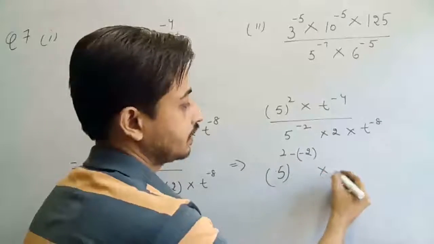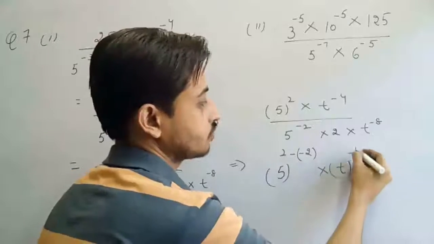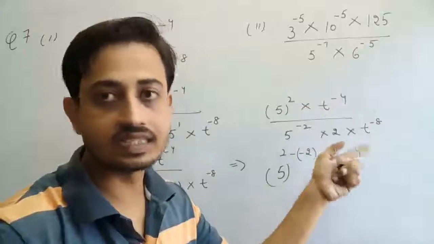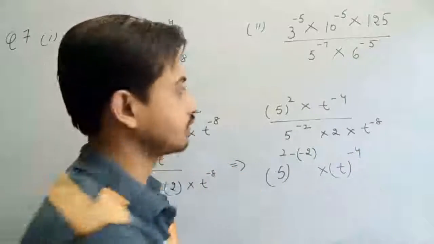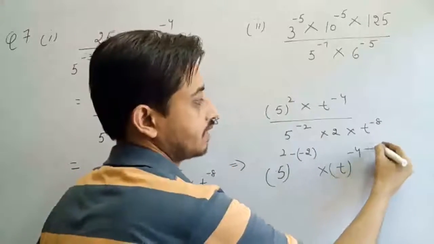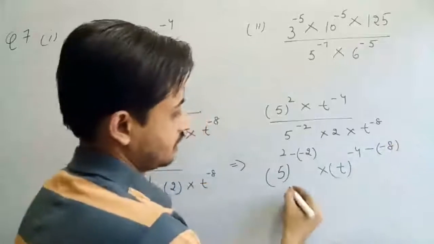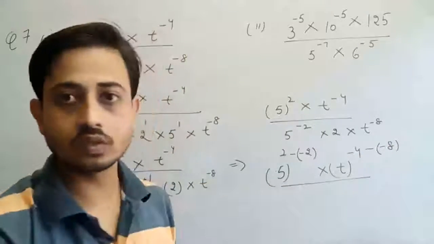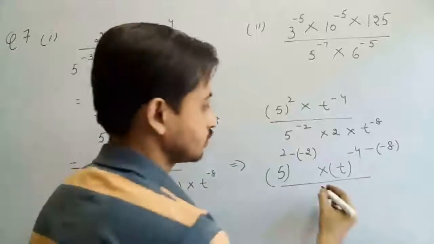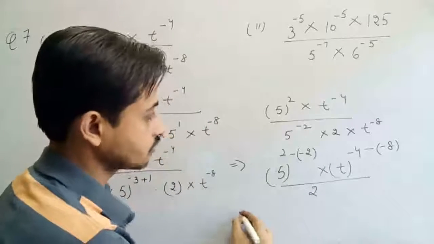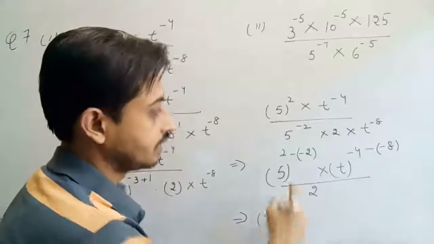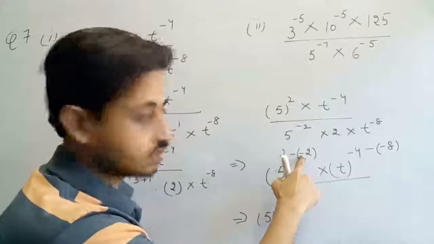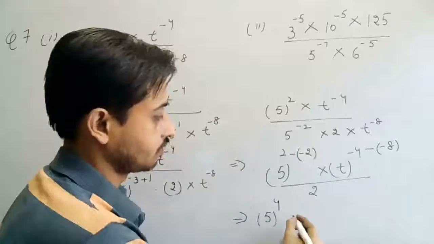Same here, multiply t raised to the power minus 4. Exponent t is same, so power gets again subtract. Minus 4 minus minus 8, and there is no pairing with 2, so 2 remains same. Now please further solve. 5, negative negative becomes positive, so 2 plus 2 becomes 4.